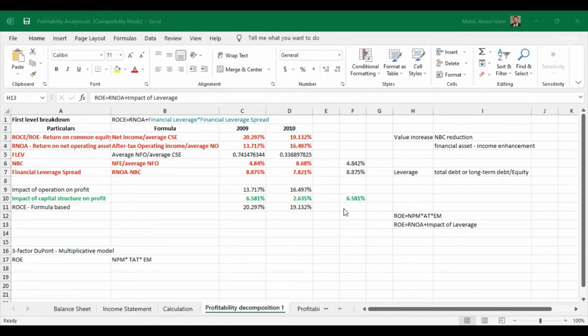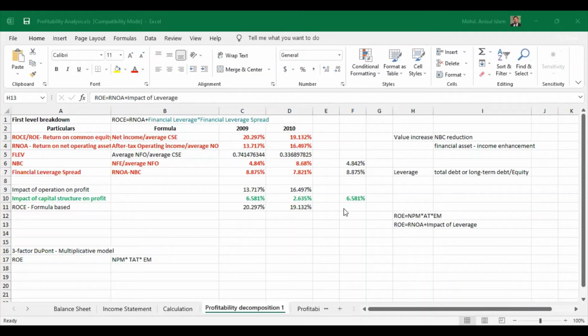Okay, so if this number is a bigger positive number, as I mentioned earlier, you will be motivated to borrow more, to take loans, and to make investment in your operations. So you learn that the leverage gives us value. The financial leverage gives us value in terms of tax advantages or tax benefits.